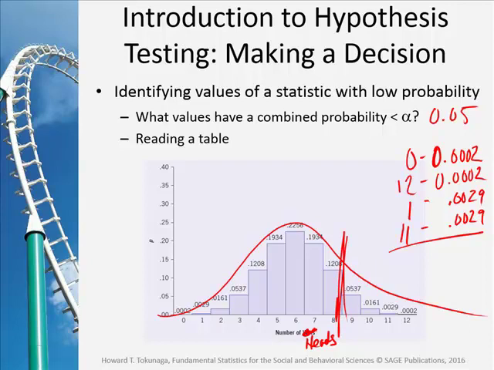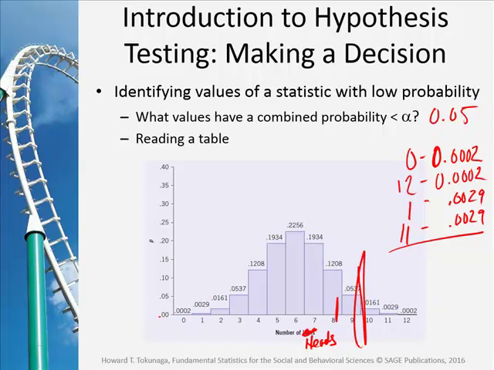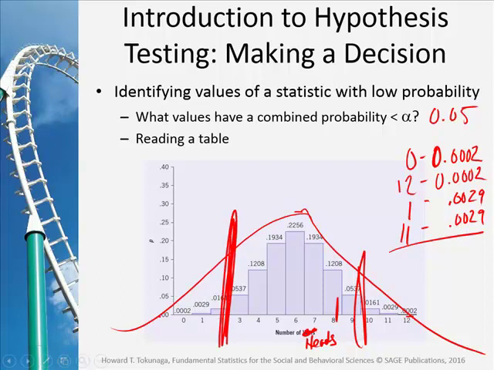We can do that. I know off the top of my head that the z-score for .05 is 1.96. Why? Because that's a magical number for anybody taking a stats class.